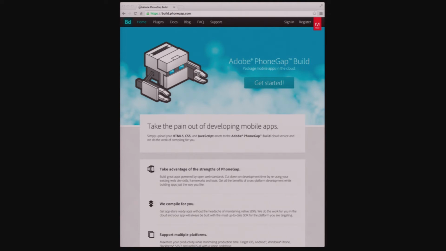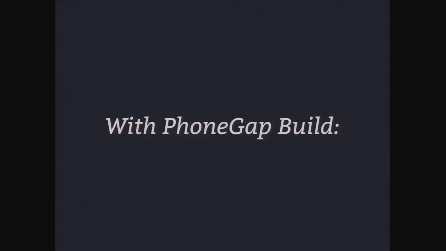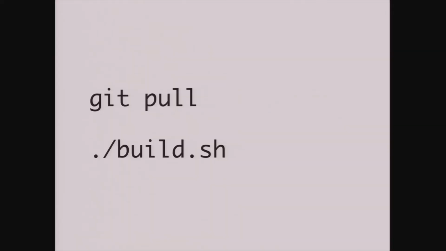So once we started using this, it was pretty crazy. It was super easy. They even have a service that lets you hook it up to a GitHub repo. And when you do pushes, then it will just build it and you'll have all that stuff there for you. So with PhoneGap Build, our build looked like this. It was just pull down the stuff and then run this build command.